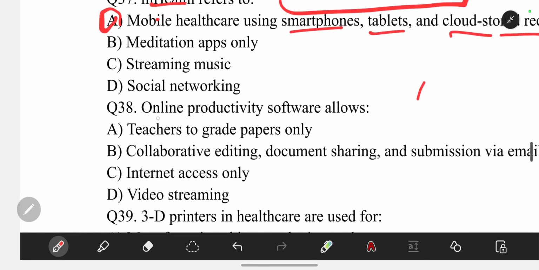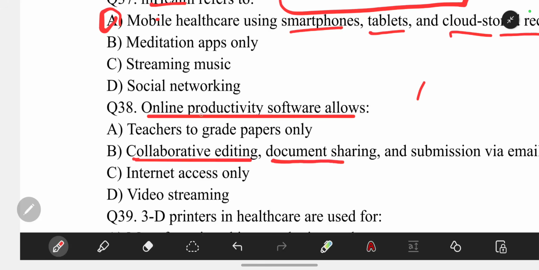Then when we look at number 38, online productivity software allows a lot of things. It is not only teachers to grade papers, but it allows, number one, collaborative editing, where you can edit documents with a lot of people. Then you can have document sharing.